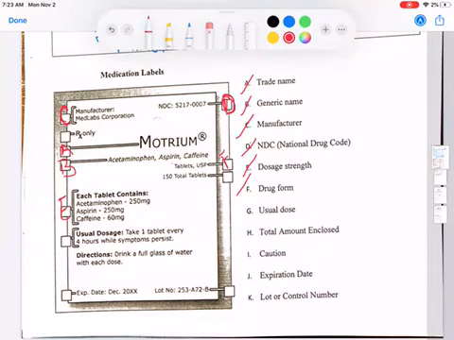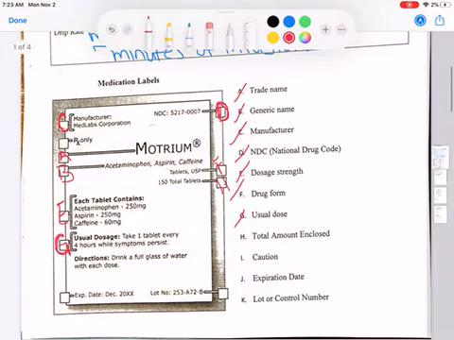Okay, usually underneath your drug form is the usual dose, but in this case it's underneath the strength. So there's G. Total amount enclosed, right here it says 150 total tablets, so there's my enclosure there, which is H. Any cautions on this drug would be right here in between C and A. So the caution, this one is it's a prescription-only pill.